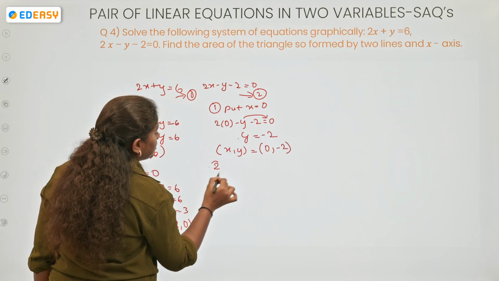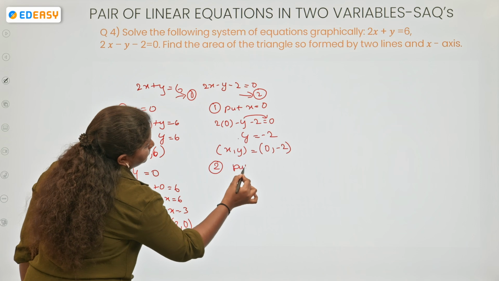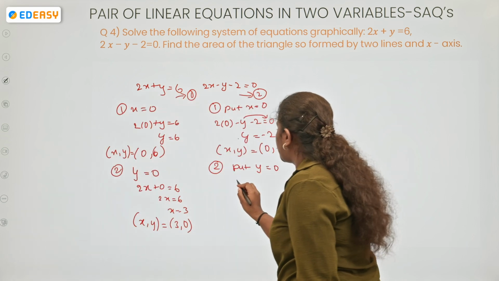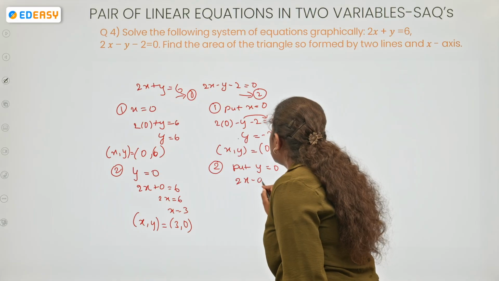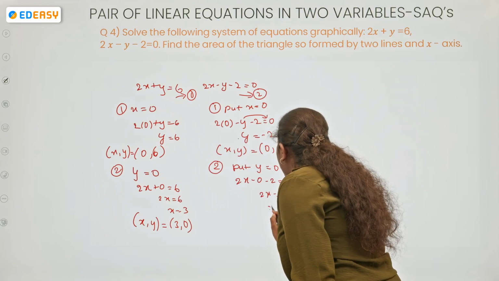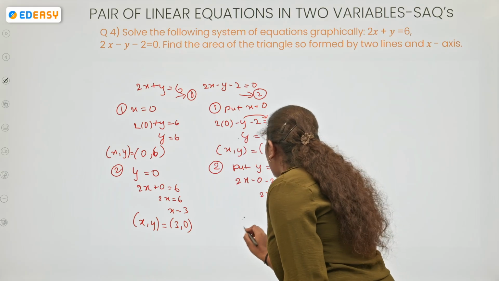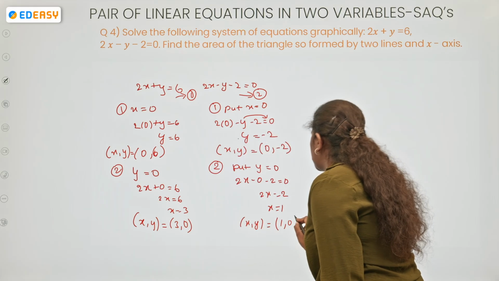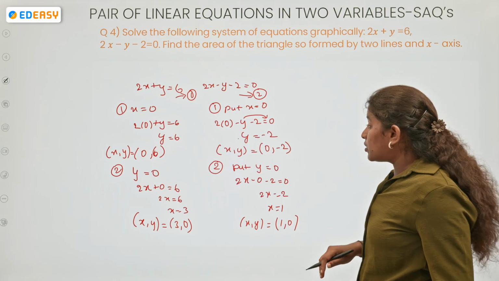Coming to the second one, put y equals 0. It becomes 2x minus 0 minus 2, so 2x equals 2 and x equals 1. The coordinates are 1 comma 0. Clear? So we got the 2 points.